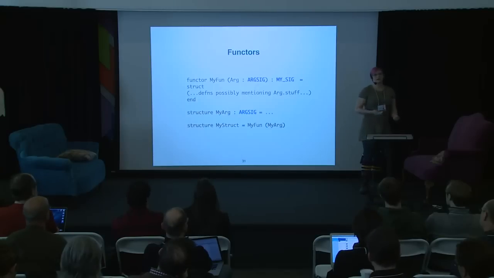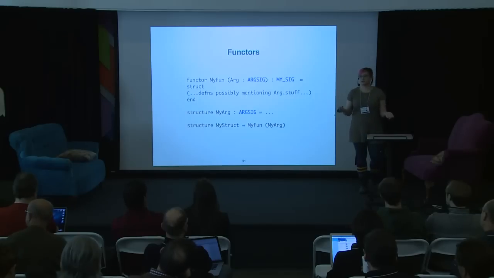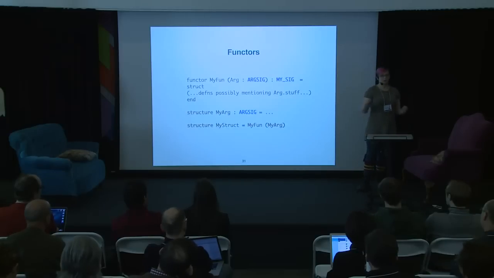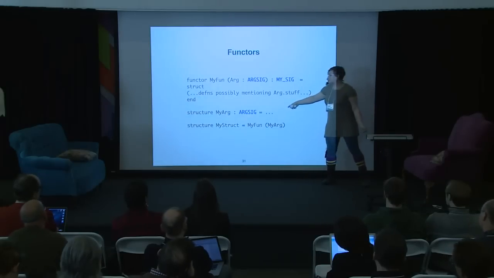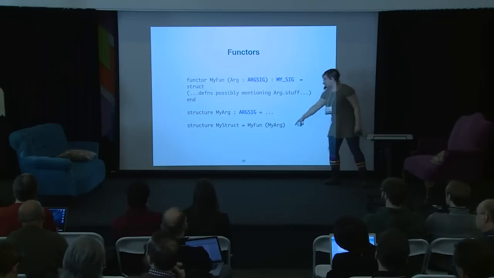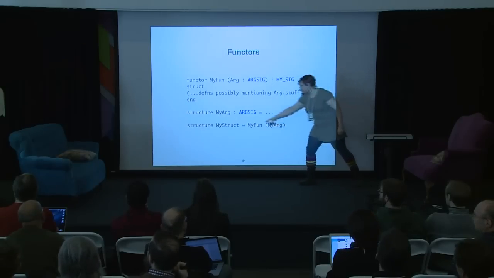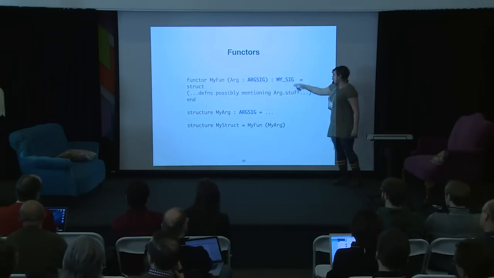Then in your definitions, the body of this is just the same as the body of a structure, except that you can also refer to the components of your argument structure. Then if someone comes along and gives you a MyArg matching your argument signature, you can apply the functor and get some structure MyStruct matching MYSIG.